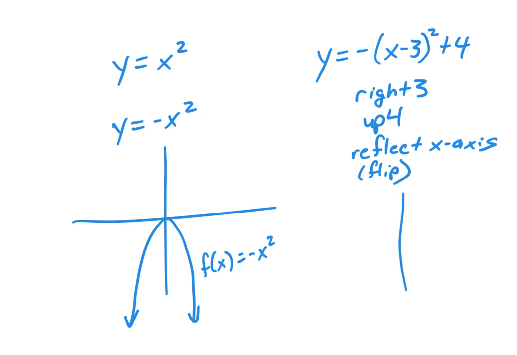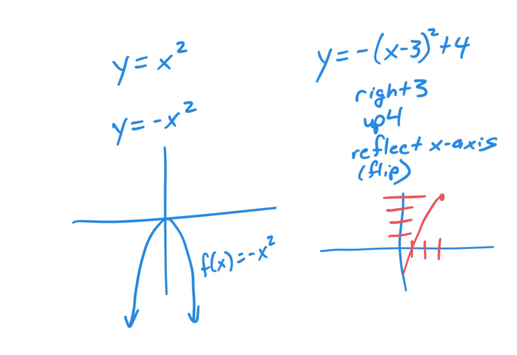And so just a real quick sketch of this graph. This is where my new vertex is going to be, okay? It was originally at 0, 0 to start with for the x squared. It's going to move right 3, it's going to move up 4, and then it's going to flip upside down.